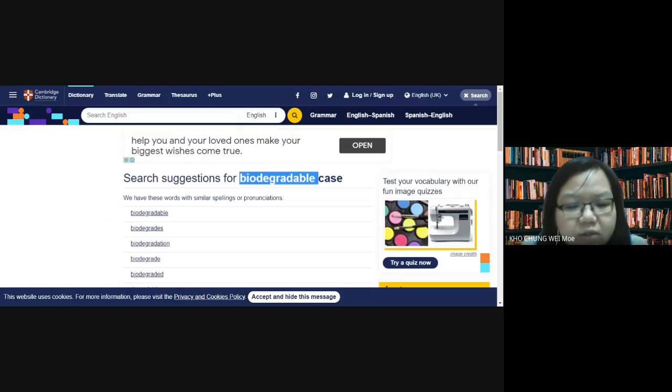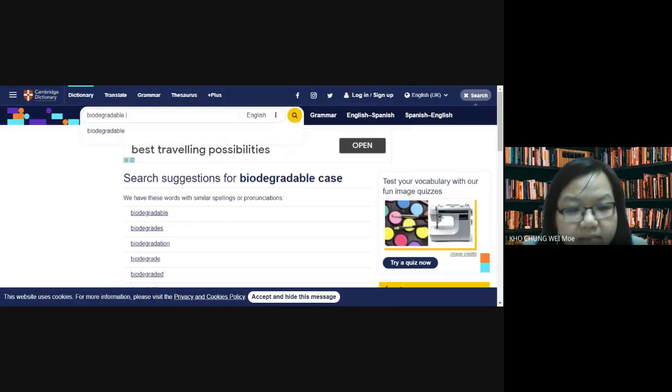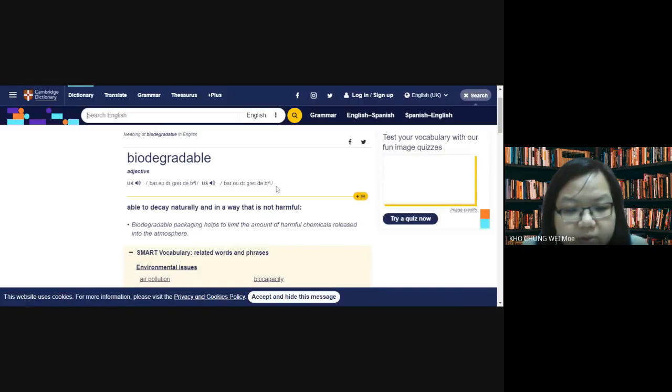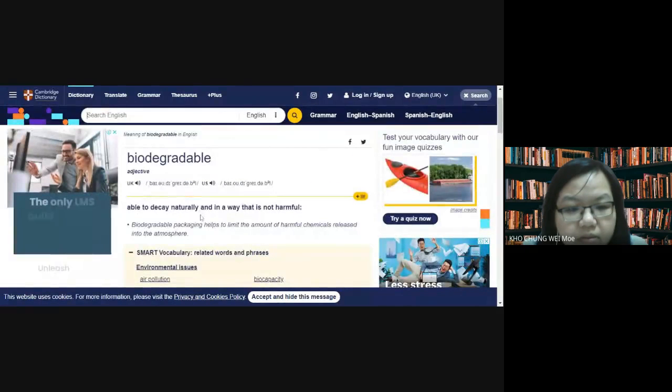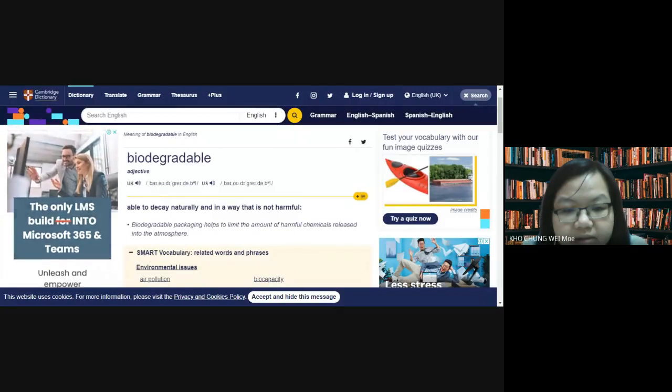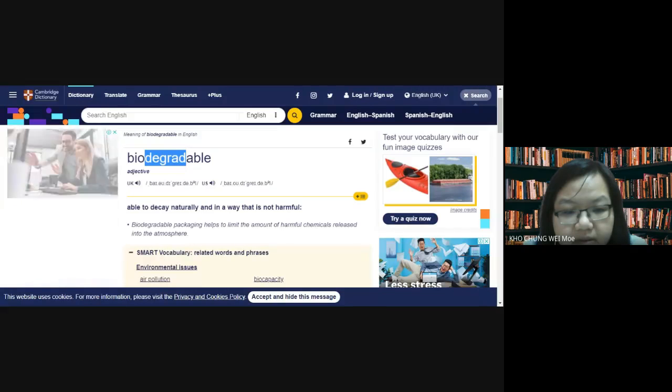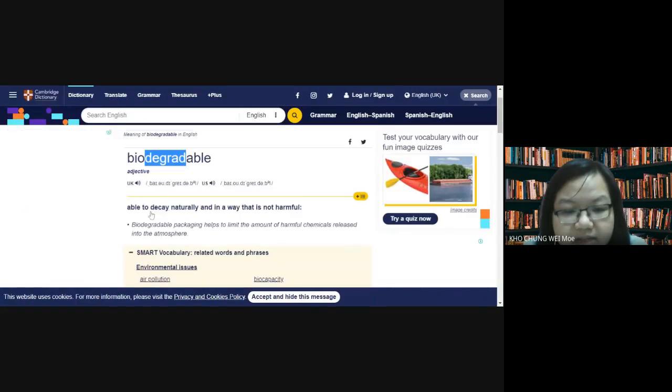So let's look for the word biodegradable first. You can either look it up by keying it again and entering, or you can click on the link. So what is biodegradable? It means able to decay naturally and in a way that is not harmful. Basically, the word biodegradable comes from a few words. First, you have the word degrade. This actually means decay naturally.